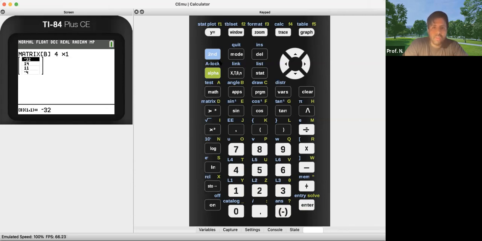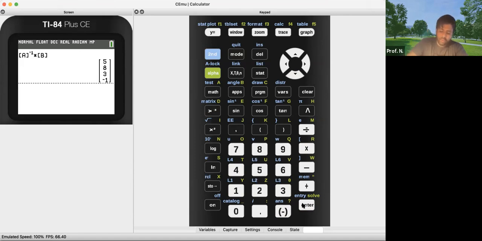So the first thing I'm going to do is solve this equation the way I would normally do it, which would be to take the coefficient matrix, take the inverse of it, and multiply by the column vector B, right? That's normally the way we would solve the system. And so our solution is 5, 8, 3, -1.